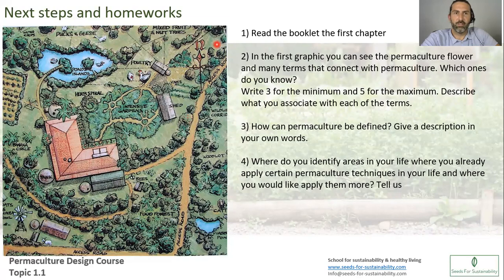Then provide yourself with your own definition of permaculture. Give a description in your own words. It helps to recapitulate the content a bit, refresh it, and have a clear understanding of what you're doing. Next thing, where do you identify areas in your life where you already apply certain permaculture techniques and where you would like to apply them more?